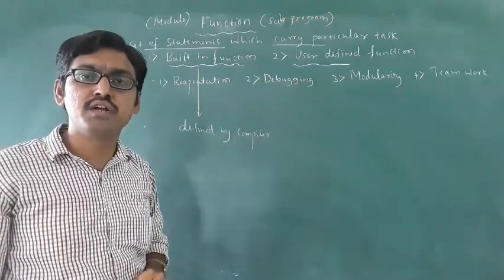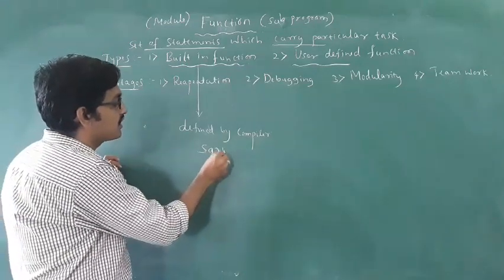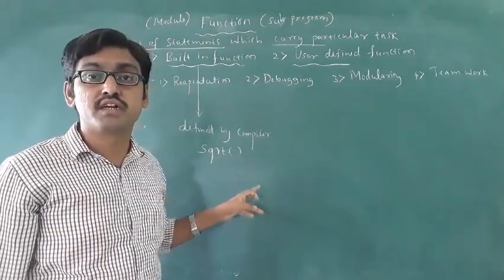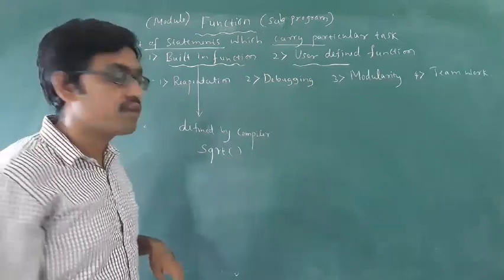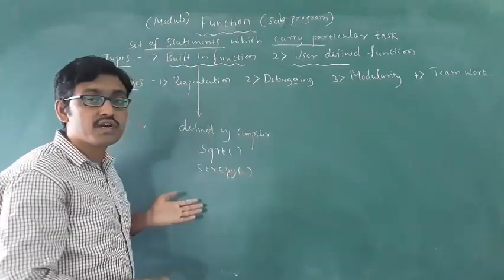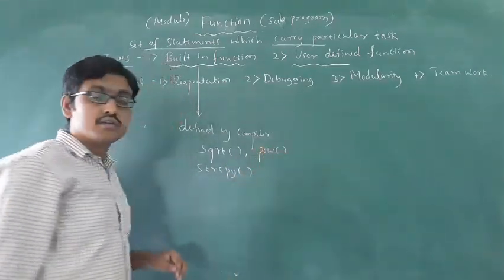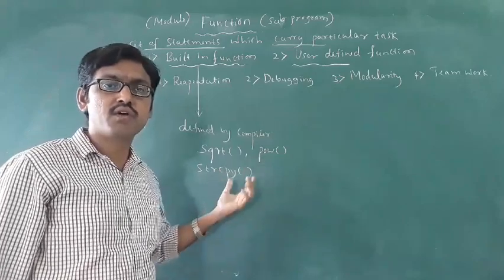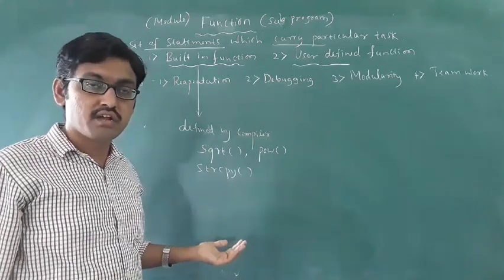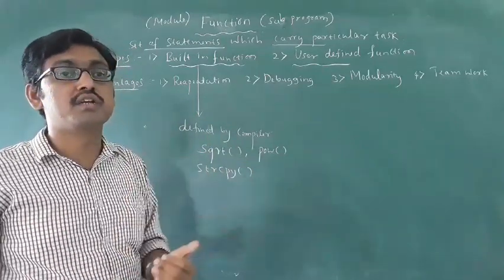Then what are examples of built-in functions? Already you are using them in programs. For example, the SQRT function is a built-in function; the compiler can understand it. strcpy is a built-in function, and so are all string handling functions like strrev and strlwr. POW, power, meaning raised to, is also built-in.